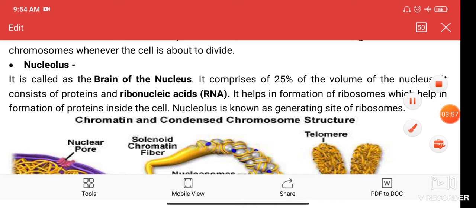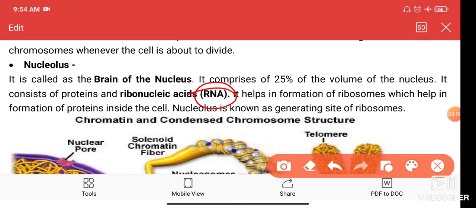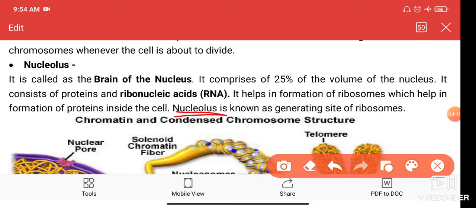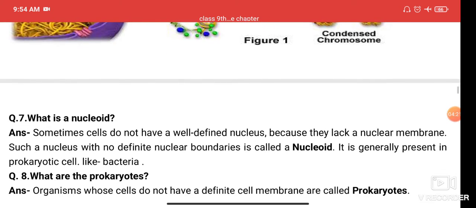What is the full form of RNA? RNA is ribonucleic acid, and it helps in the formation of ribosomes, which help in the formation of proteins inside the cell. The nucleolus is known as the generating site of ribosomes. So which site is the generating site of ribosomes? The nucleolus is the generating site of ribosomes and for protein synthesis.